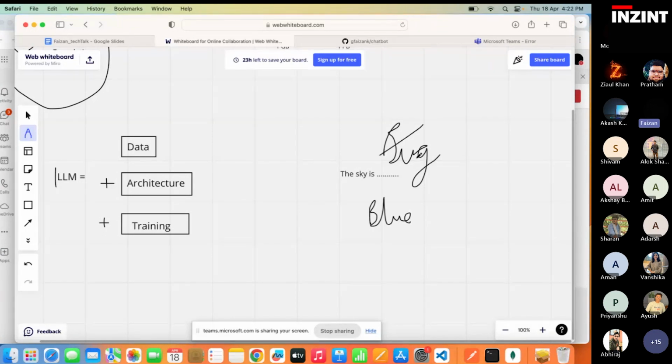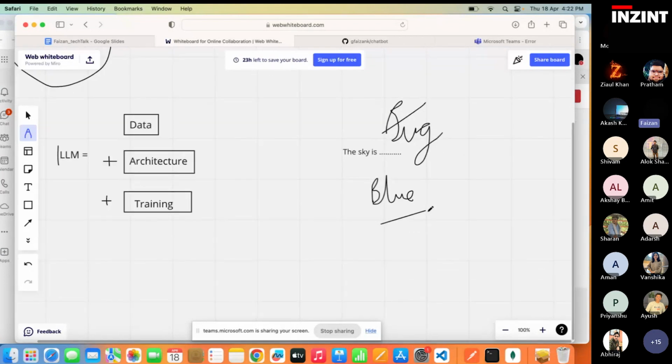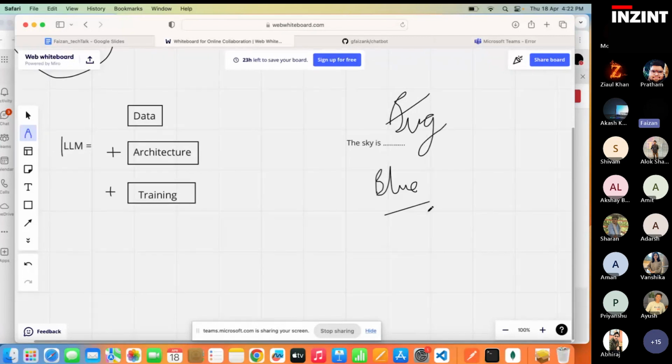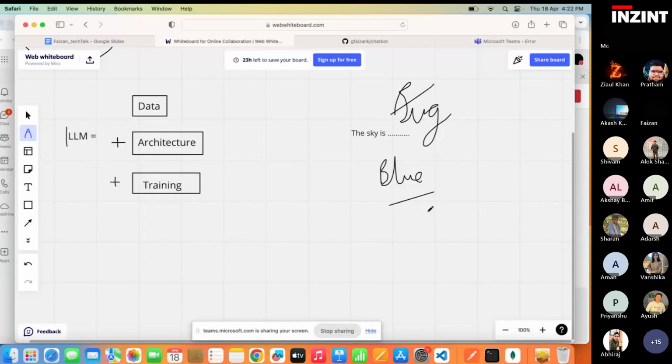The model that was started initially could have given a lot of wrong answers, including bug, red, water, or even somewhat close, clouds. But the closest possible answer is blue. It would have taken a lot of time for our model to guess that the sky is blue.